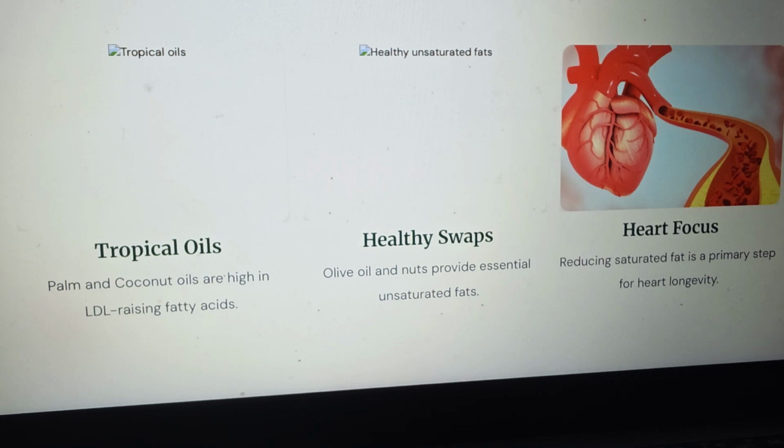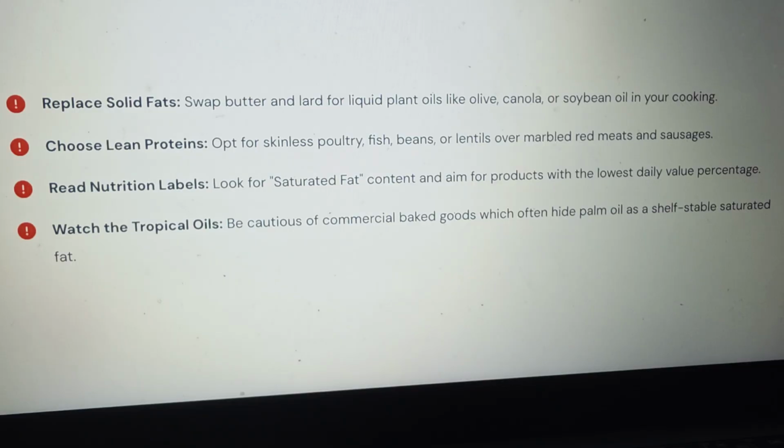Okay, so the heart focus. Reducing saturated fat is a primary step to heart longevity. Key recommendations are here. Replace solid fats: swap butter and lard for liquid plant oils like olive, canola, and soybean oil in your cooking.